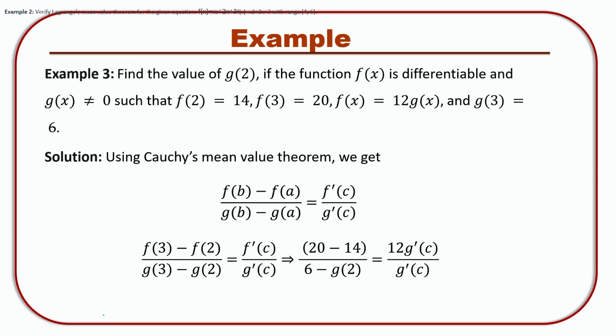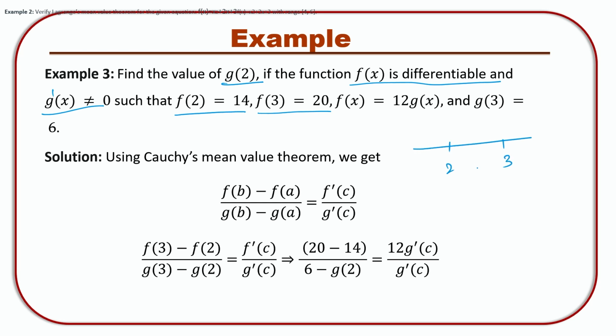Okay, so here is the problem. Find the value of g of 2 when f of x is differentiable and g dash of x is not equal to 0, such that f of 2 is given, f of 3 is given. With these two values, you have to understand that these are the end points, so we have end points 2 and 3.